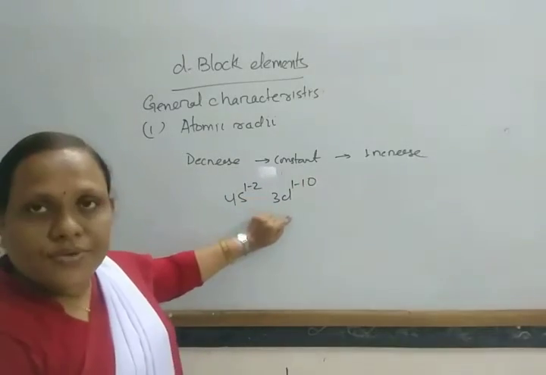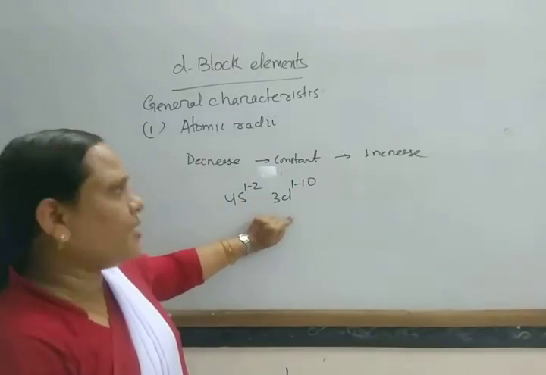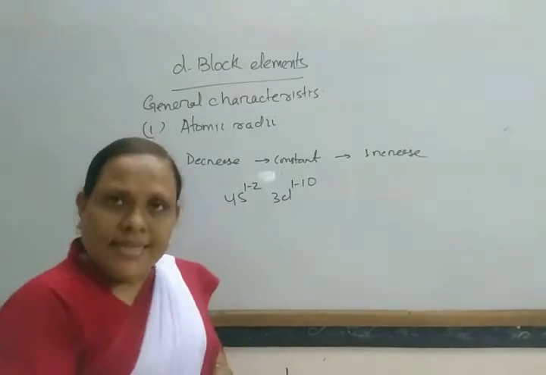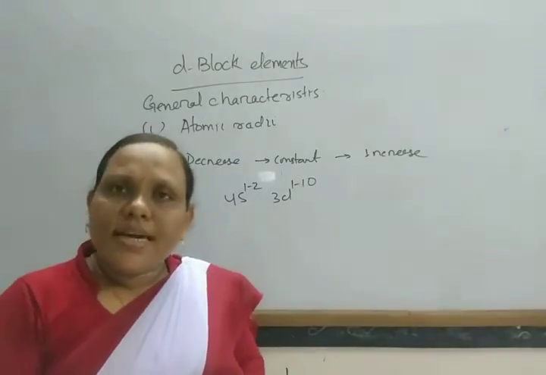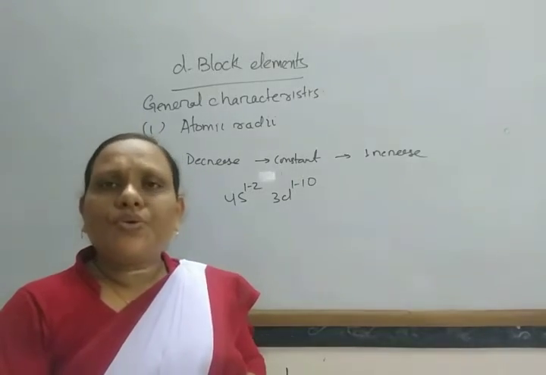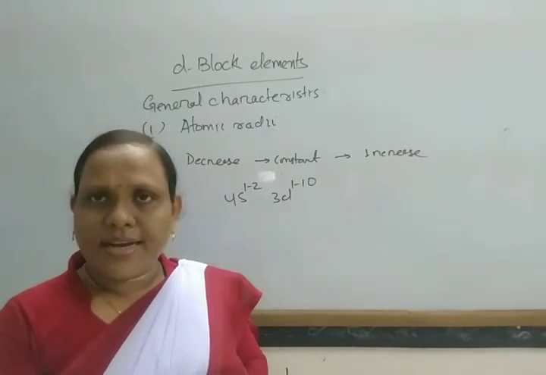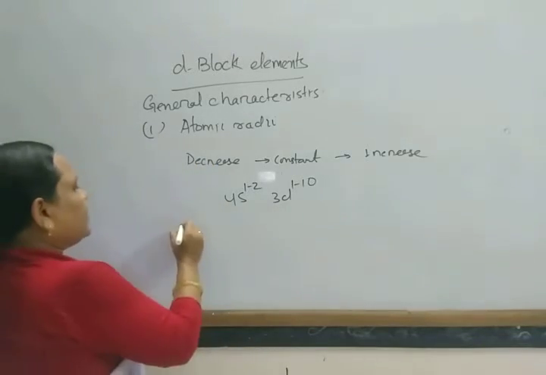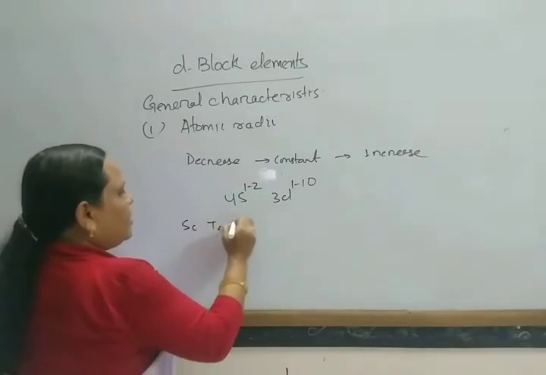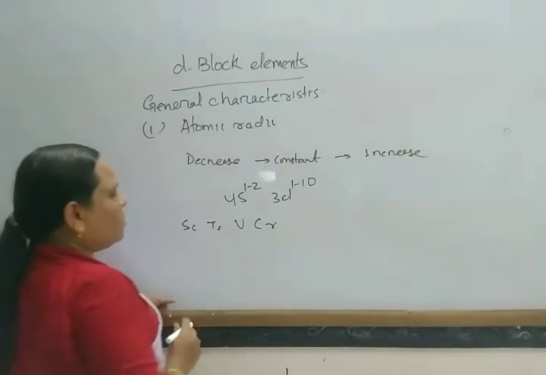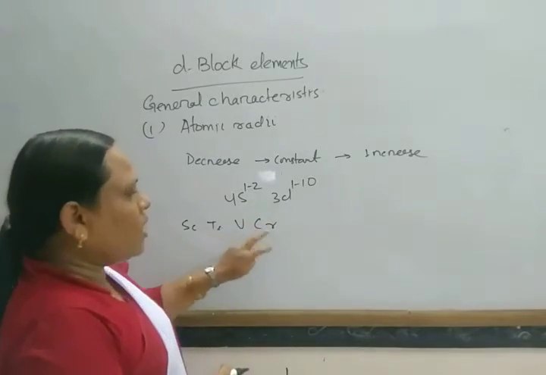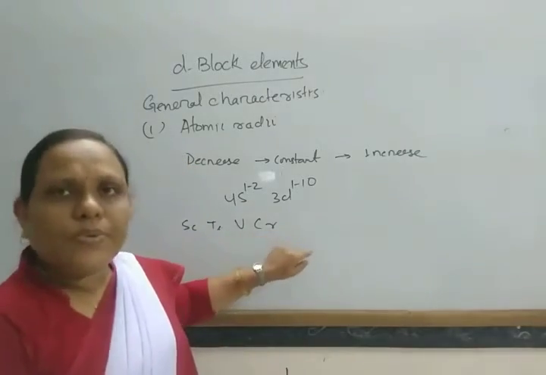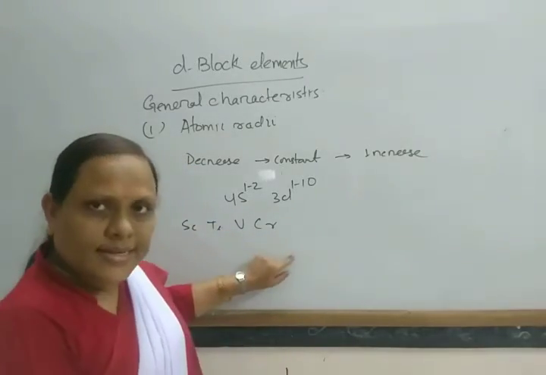These d electrons are progressively filled. As the number of electrons increases, the nuclear charge also increases. Due to the increase in effective nuclear charge, the atomic radius decreases, that is scandium, titanium, vanadium, chromium. Up to chromium, generally it decreases.